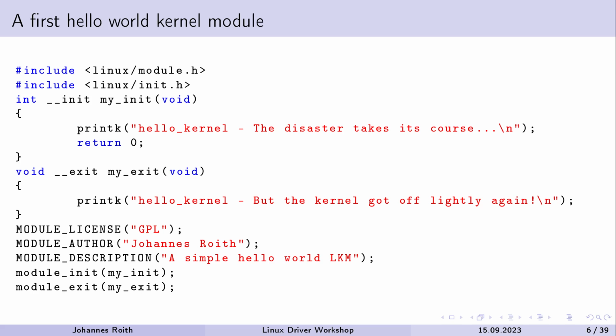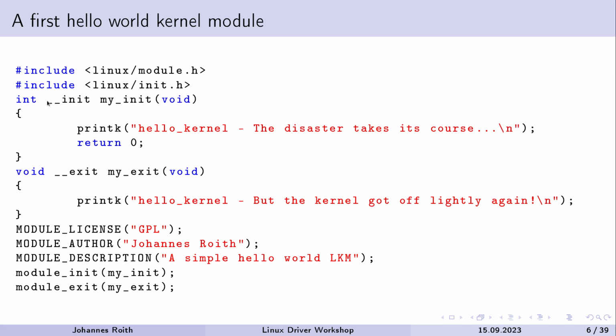In a kernel module we have a function which will be called when we are loading the module into the kernel, and we need a function which is called when we are unloading the module from the kernel. With module_init and module_exit, we can set which function will be called when the module is loaded into the kernel with init, and which function is called when we are unloading the module from the kernel with module_exit. So my_init needs to be a function with an integer return value, 0 if everything worked fine, an error code otherwise, and no arguments.